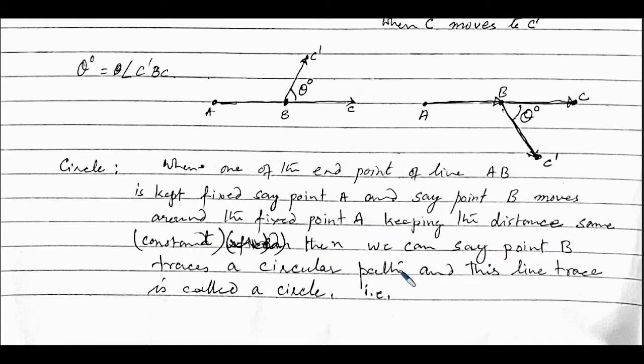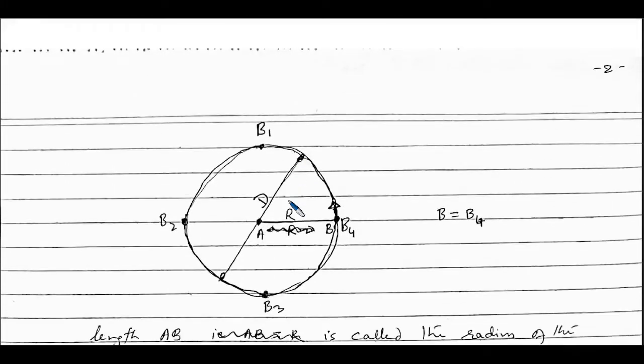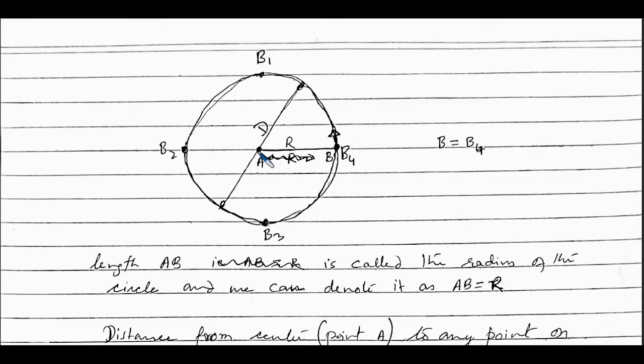Then we say the point B traces a circular path, and the line traced is called a circle. This is a circle. This is the radius, from point A to point B. I am calling it capital R.